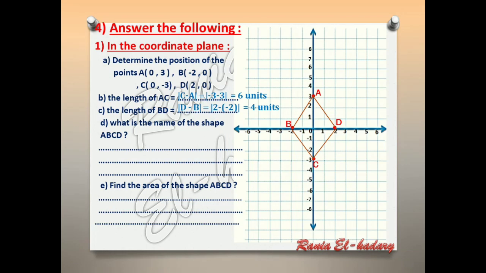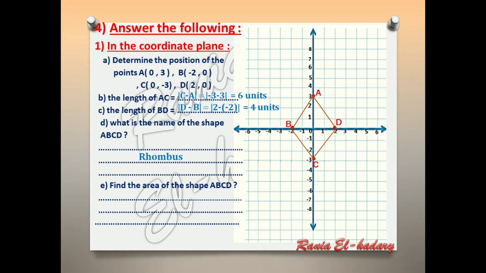What is the name of the shape ABCD? Yes, I have a rhombus. Why? Because the two diagonals are not equal. But if the two lengths AC and BD were equal, I would have a square, not a rhombus. Okay? Find the area of the shape ABCD.